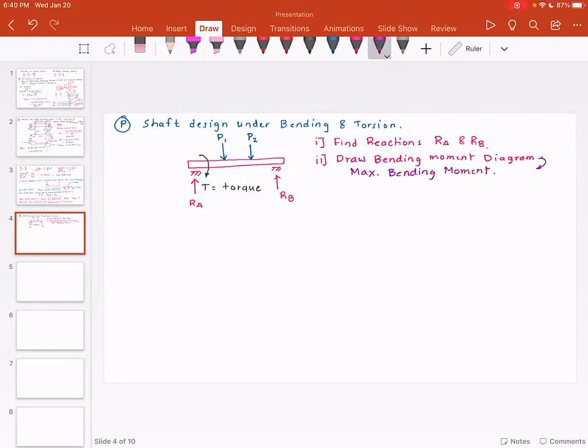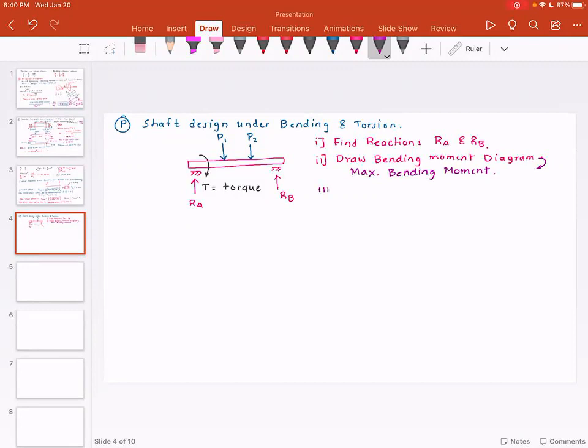If you are comfortable with shear force and bending moment diagrams, you sometimes don't even need to draw the bending moment diagram to find the maximum bending moment. You can see where the shear force is changing direction and find the bending moment at that location itself. So the idea is we will get the bending moment.